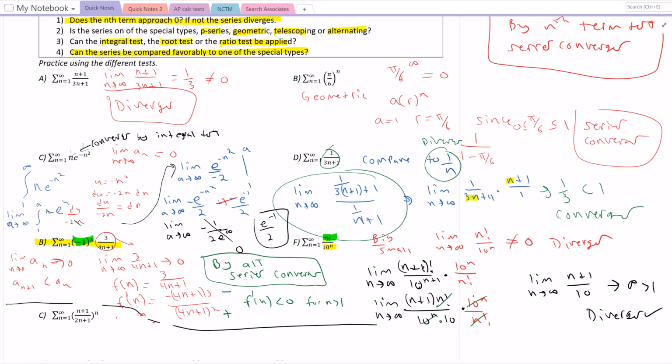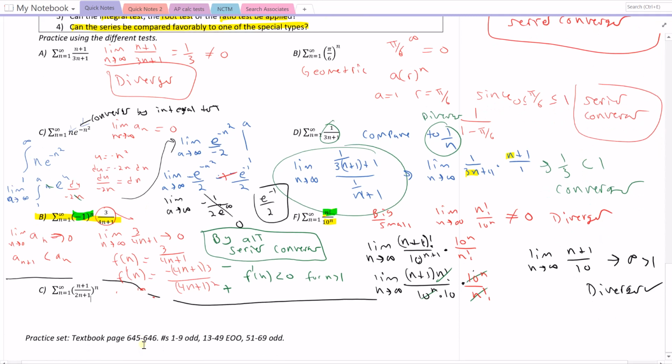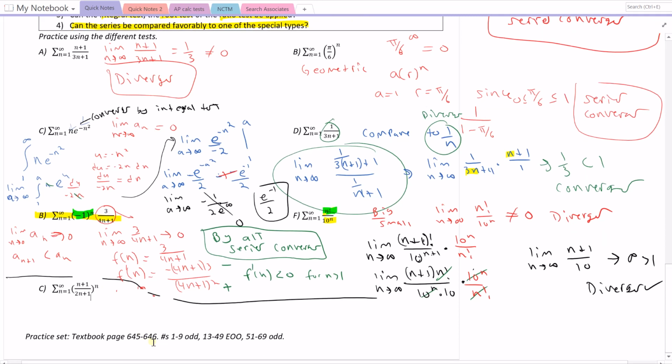The fact that there's an n on the outside of this whole thing shows us that if we took the nth root, it would make life a lot easier. So let's do that. Let's take the limit as n goes to infinity of the nth root. Again, we're supposed to put absolute values, but there's nothing negative in there, to the n power.